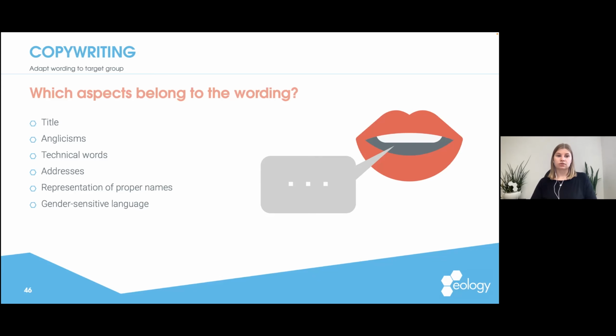Do you want to have technical words or no technical words? When you, for example, have a target group of teenagers, it's more likely to use a more informal language than when you have business partners, where you have to address even in formal language. And of course, the representation of proper names. And you have to think about gender-sensitive language, which is also an important point right now.